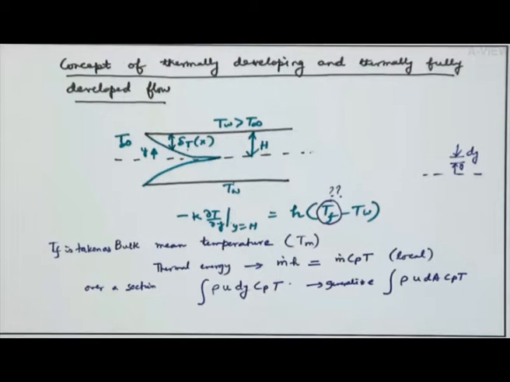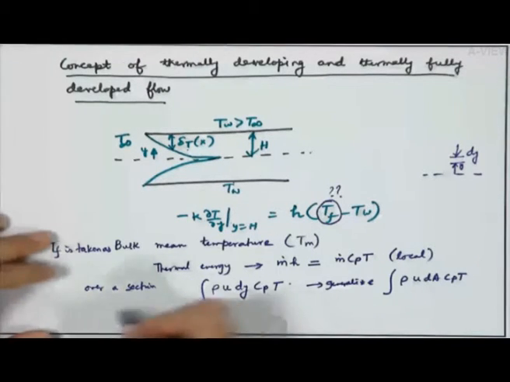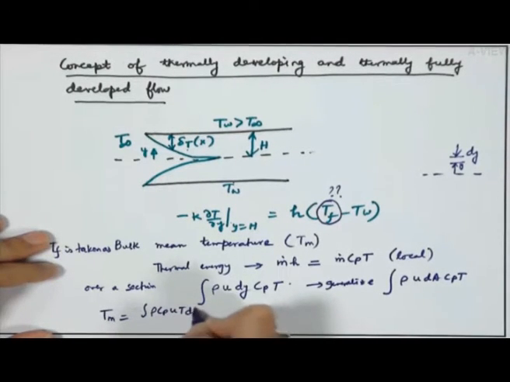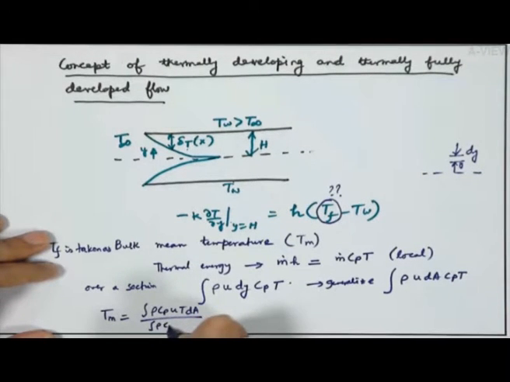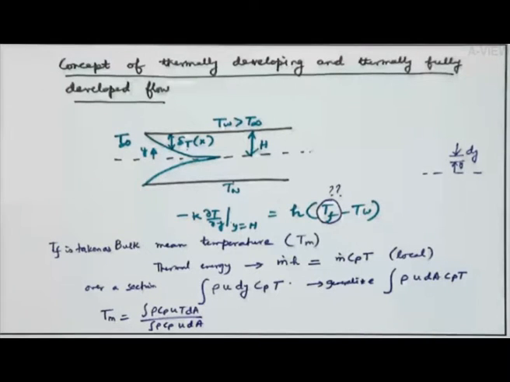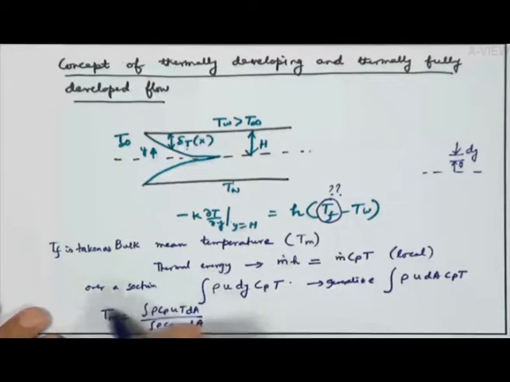Then if you are trying to find an equivalent temperature, you divide it by m dot into Cp, that is, the integral of rho Cp U dA. So, Tm is defined as the integral of rho Cp U T dA by the integral of rho Cp U dA. This is the definition of Tm.